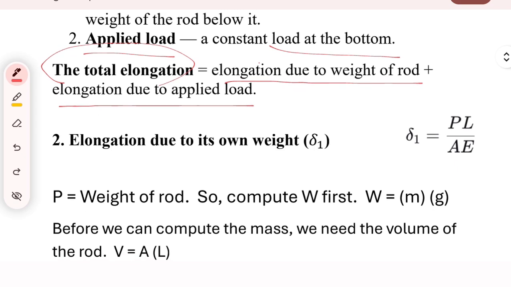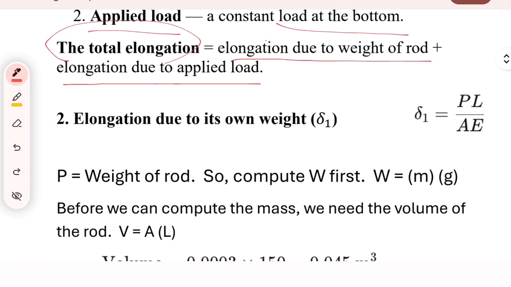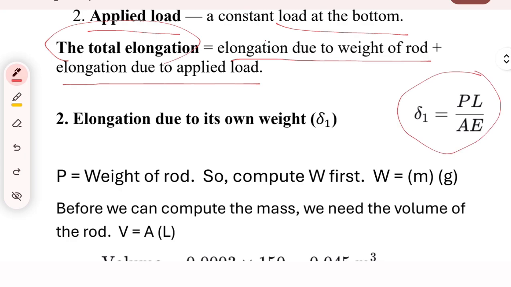What is the formula for elongation? I hope you have memorized it. This is the formula to compute the elongation: P is the load, L is the length, A is the cross-sectional area, and E is the modulus of elasticity.